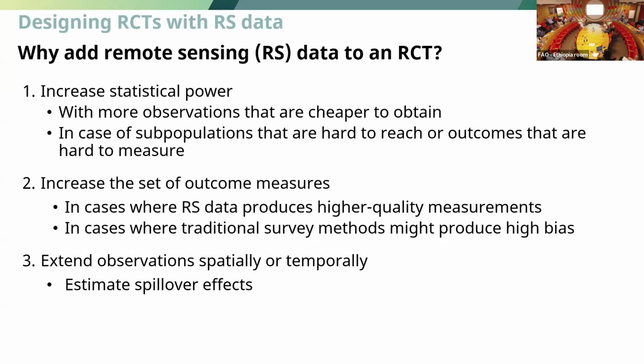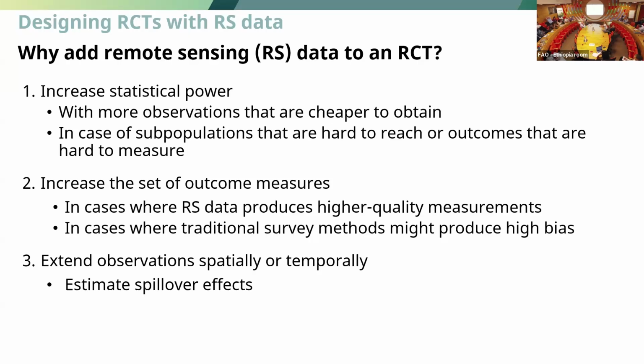And also in the case of subpopulations, sometimes it's hard to reach certain populations. There's extreme violence or other things going on that we want to have observations for, but we just can't get out there in the field, which creates a set of issues that we need to consider. But when that's considered, maybe the remote sensing can add to the project.